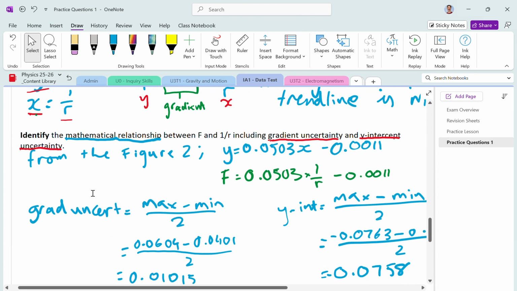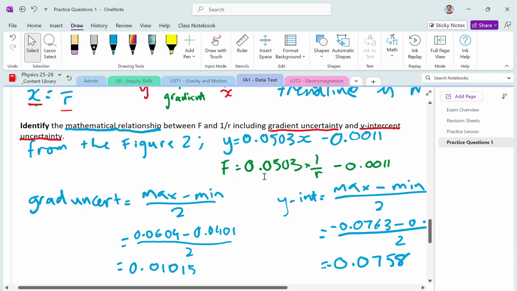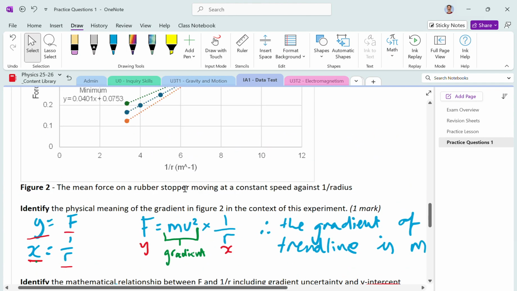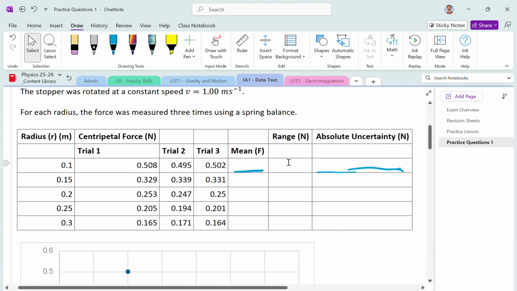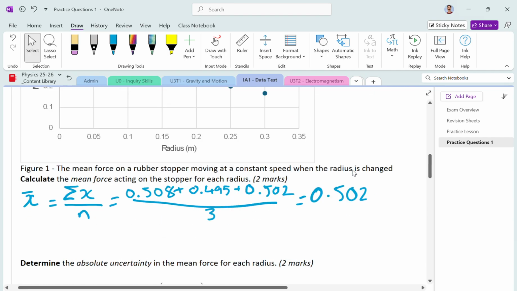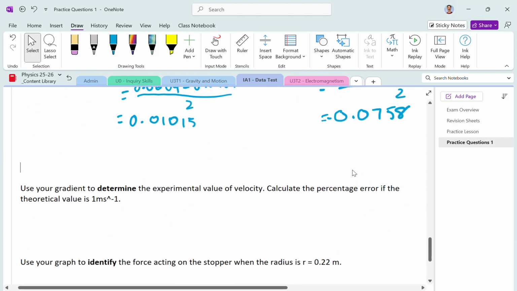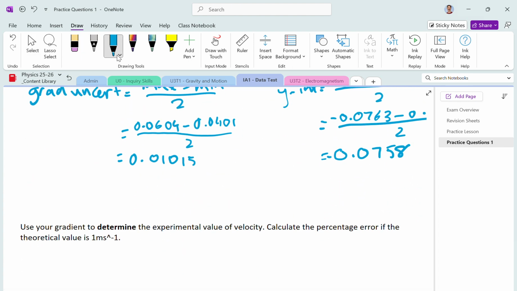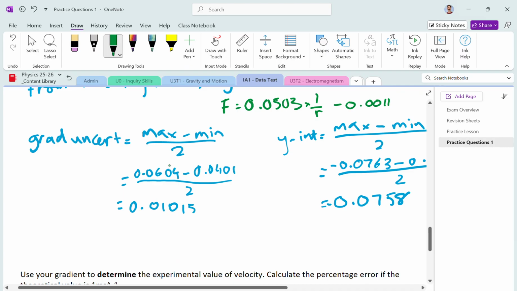Okay, so now we need to take those values and include them into our mathematical relationship. So we have our equation, and in that equation we're given our gradient value. We need to include our uncertainty of that gradient value. You've got to think about it. What we are doing here is making sure that the uncertainty values from our trials are making their way all the way through to the end, and we are not losing uncertainty throughout the process. Okay, so I will do this in a slightly different color. Let's go for green. Now we can write in our equation.